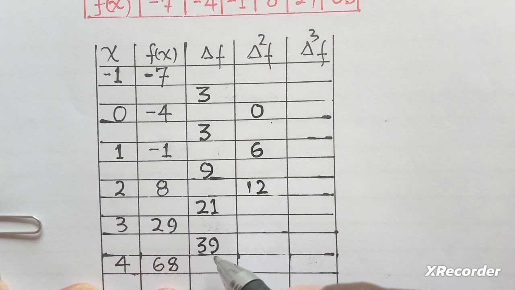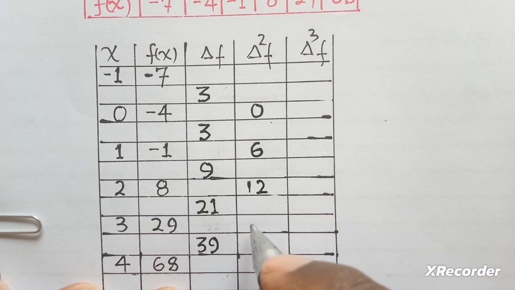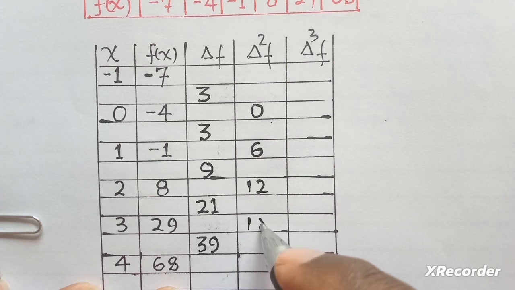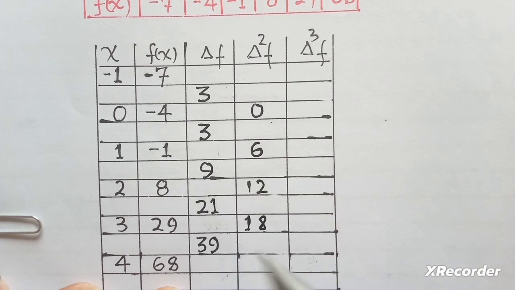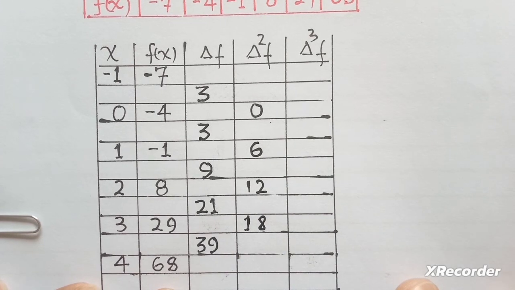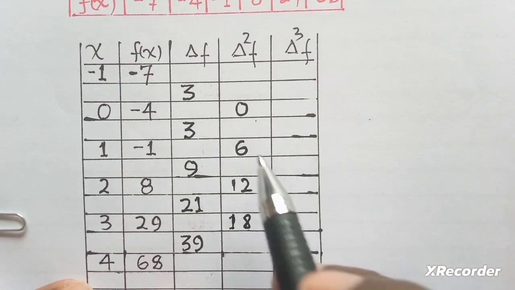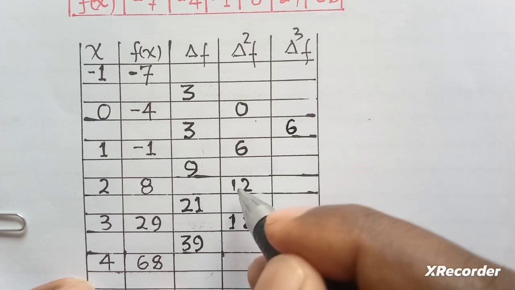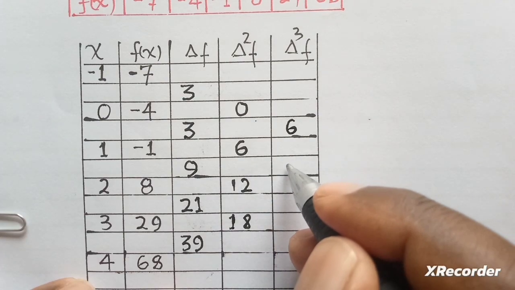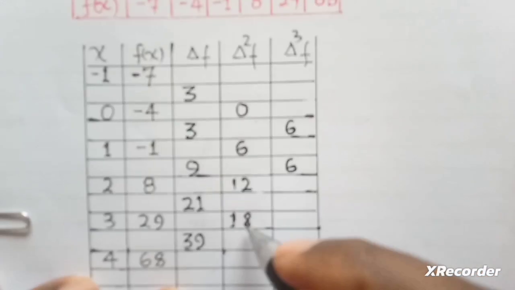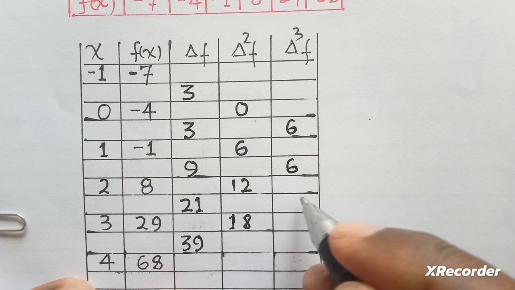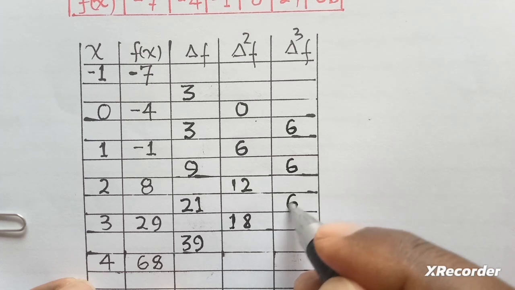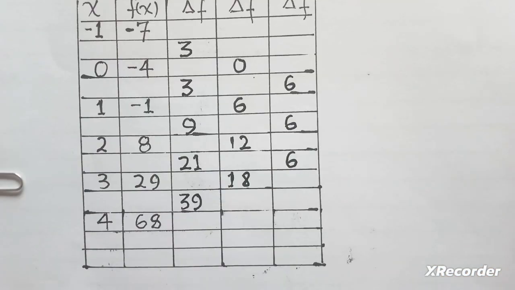Then 39 minus 21 will give us 18. Then we go to the last entry. 6 minus 0 is 6. 12 minus 6 is 6. 18 minus 12 is actually 6, like that.